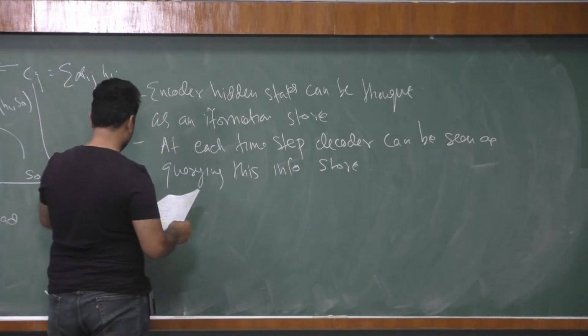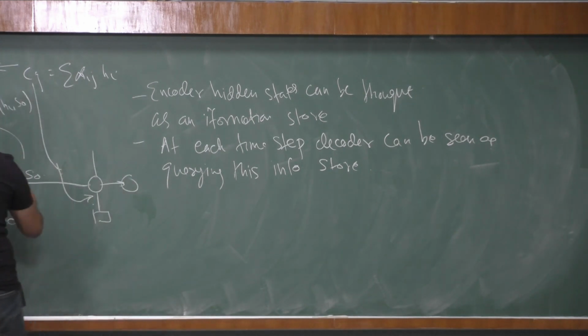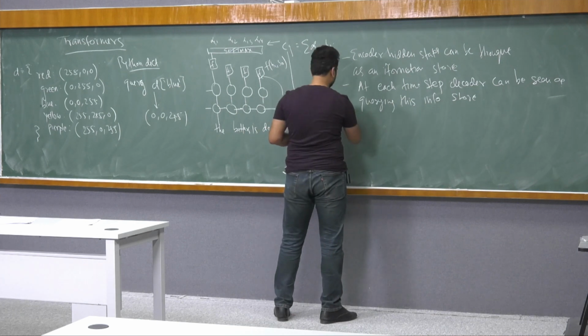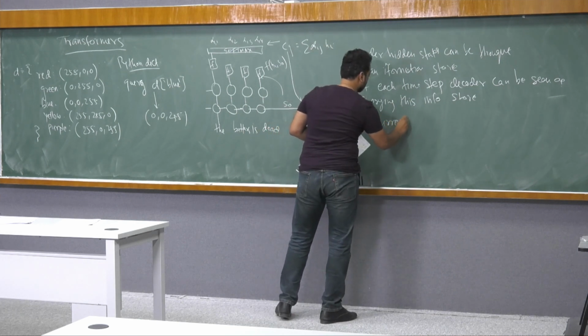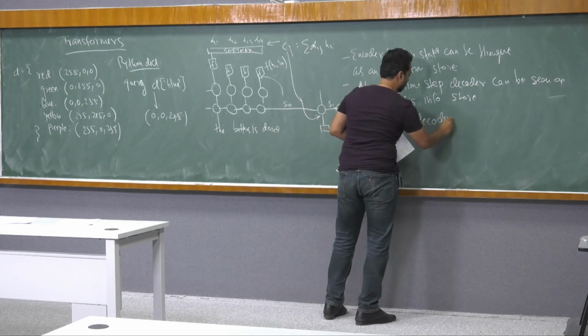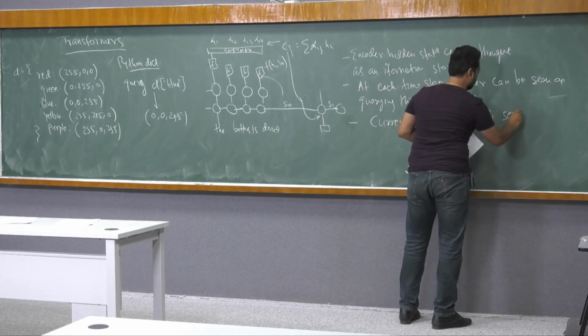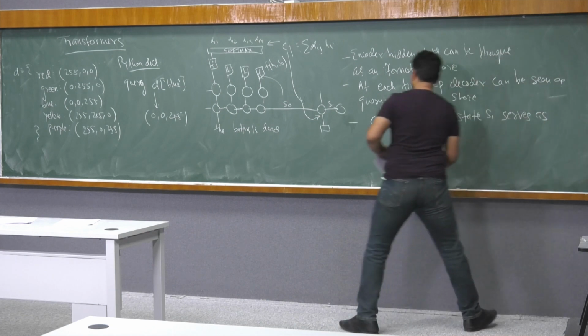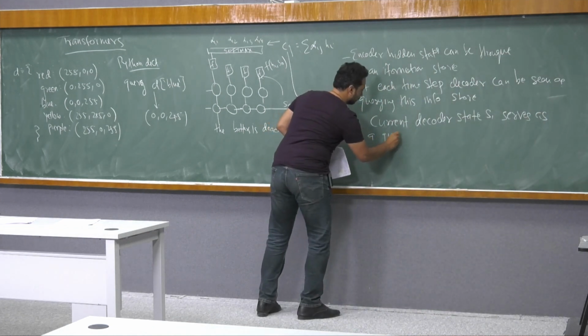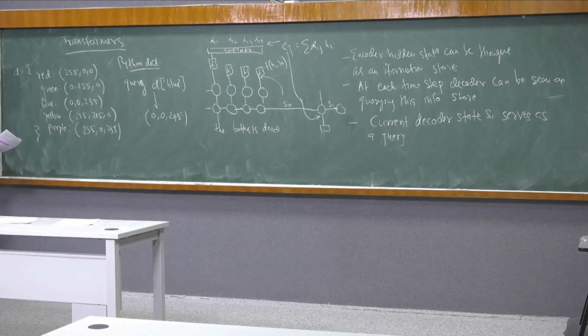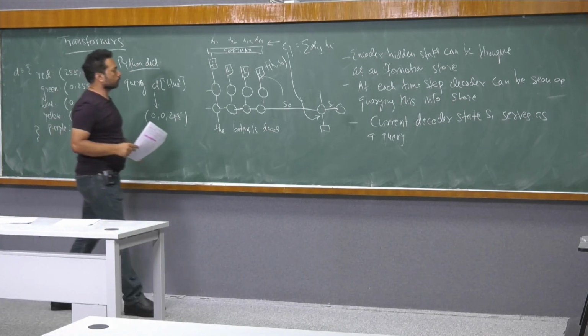And the current decoder state, so initially we have S0 and then we have S1. So let us say the current decoder state S1 serves as a query. Okay, so we try to model this as an information retrieval problem where this is our query.